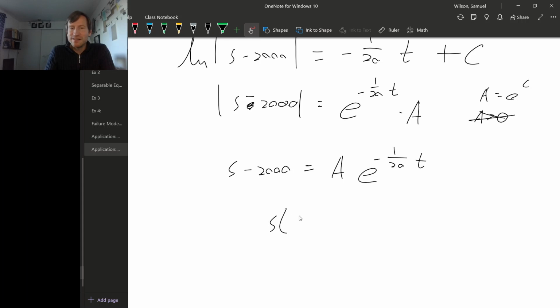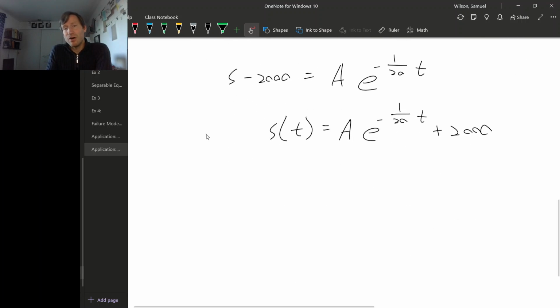And finally, we can finish solving for our unknown function s. It's A e to the minus 1 over 20 t plus 2,000. Now remember, this is all solutions to the differential equation. It turns out that this is a general solution.